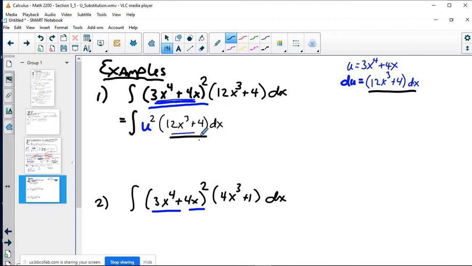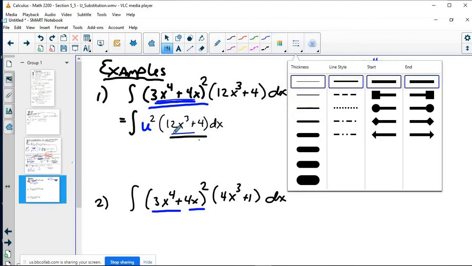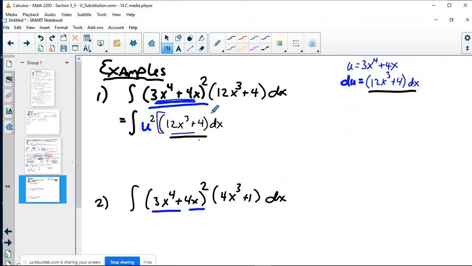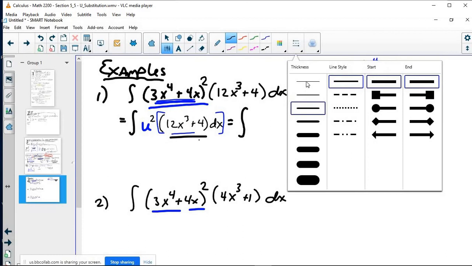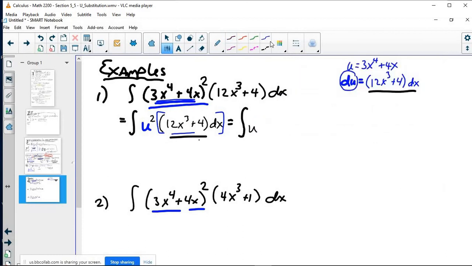Perfect match. And so what I'm going to do is I'm going to replace this whole thing. This is all equal to du. So I can replace du, because if it's the same, then I can replace it. So I get u squared du.